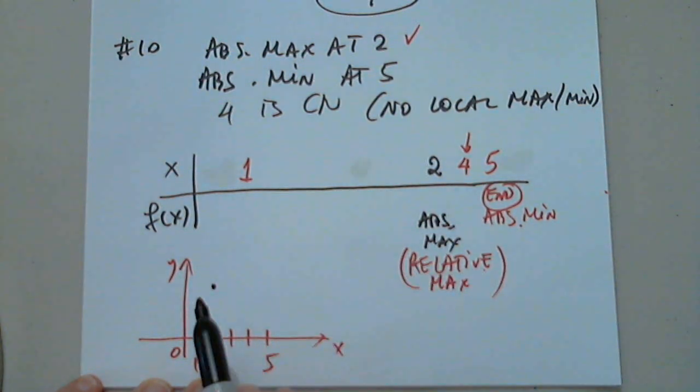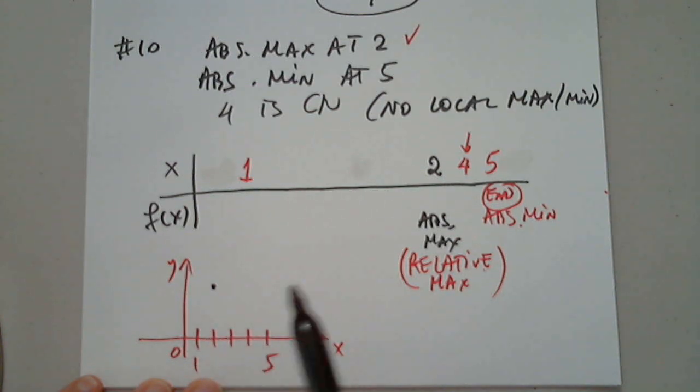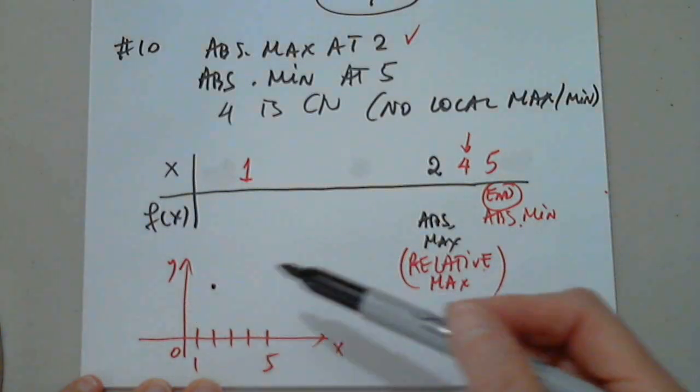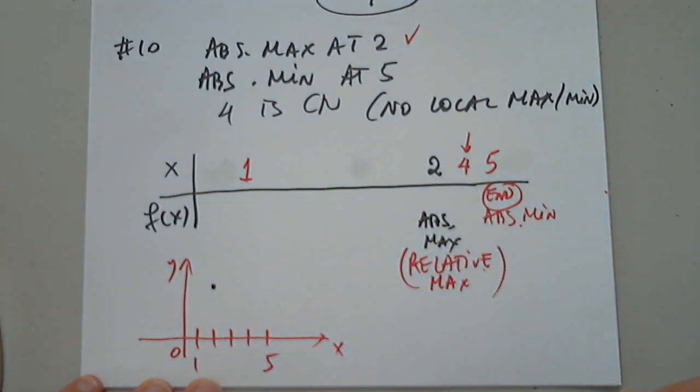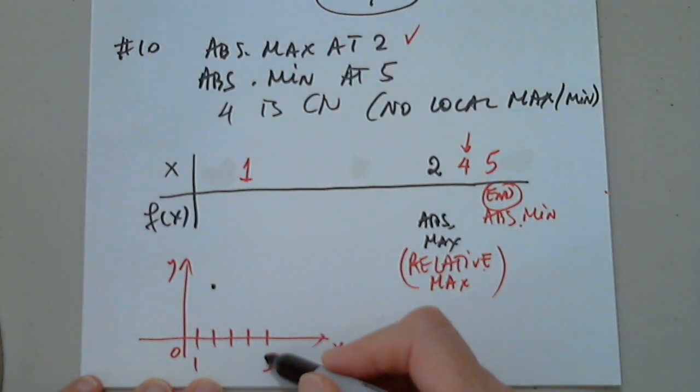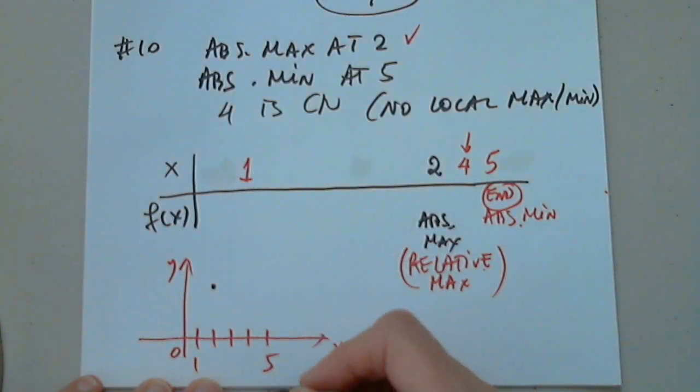So whatever we do, this cannot be higher than that. No other value can be higher than the value at 2. At 5, there is no other value smaller than this. It can be positive or negative. It doesn't matter what you would like to do.